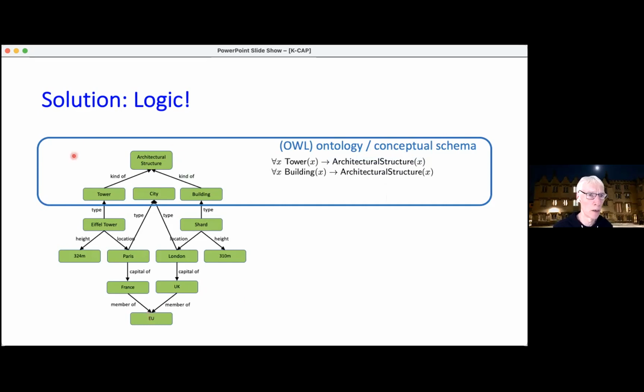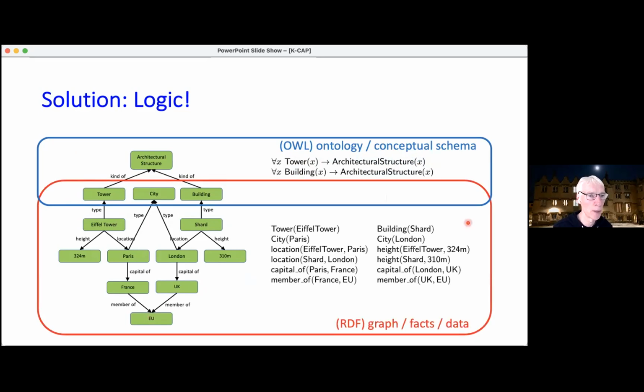So my ontology part at the top here, the basic taxonomic backbone, I can just map to simple logical inclusion sentences like this in the obvious way. And similarly for the data part at the bottom of the graph, the RDF part, the basic facts, I can just map them directly to ground facts in logic in the obvious way.